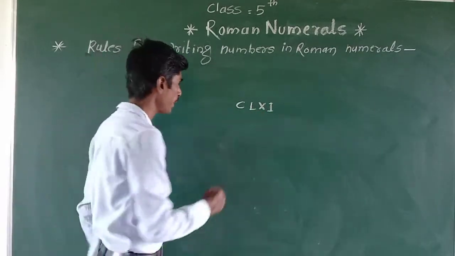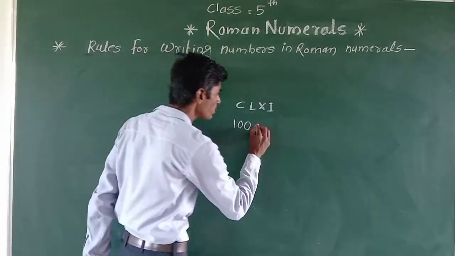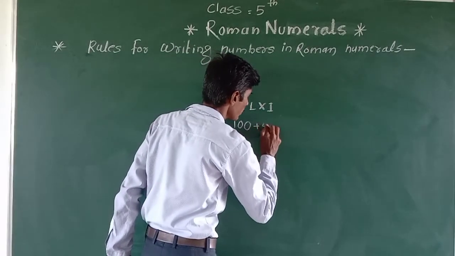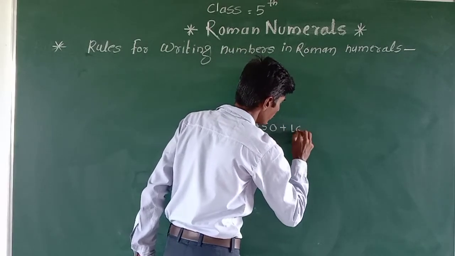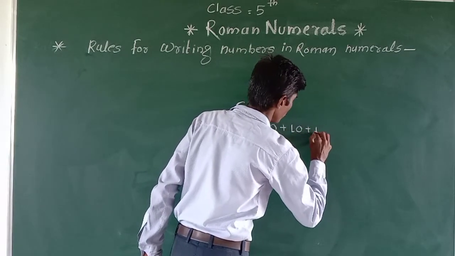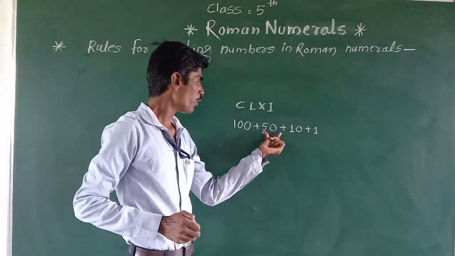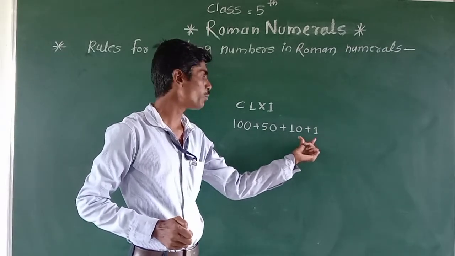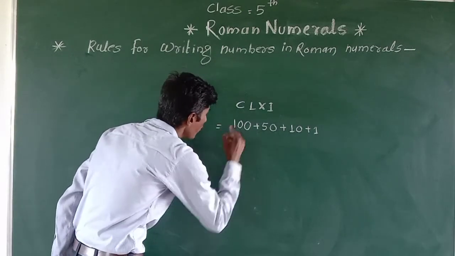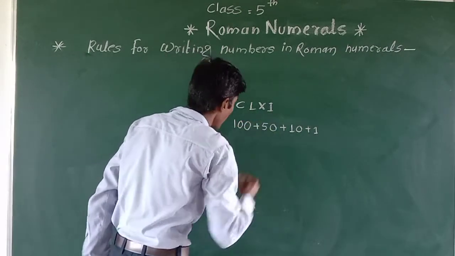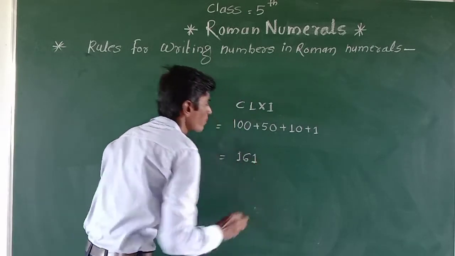C means 100, L means 50, X means 10, and I means 1. So 100 plus 50 is 150, 150 plus 10 is 160, and plus 1 is 161. So the value of CLXI is 161.